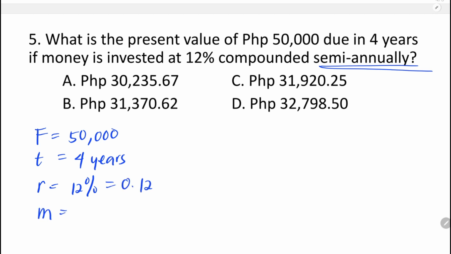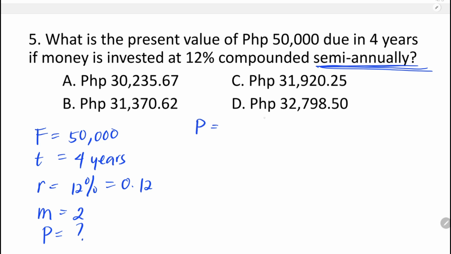M, or the frequency of conversion, since ito ay semi-annually, so meron tayong dalawa. Semi-annually, ibig sabihin sa loob ng isang taon, yung semi-annually ay 6, 6. So, our unknown is P, or the principal amount.